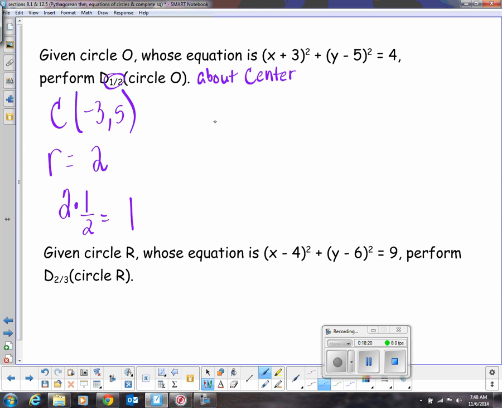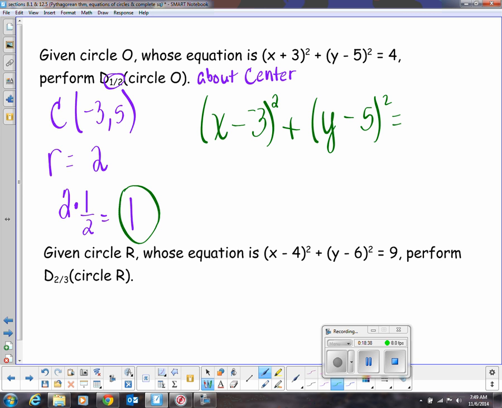Kayla? X minus a minus 3 quantity plus quantity squared is equal to new radius squared, 1.